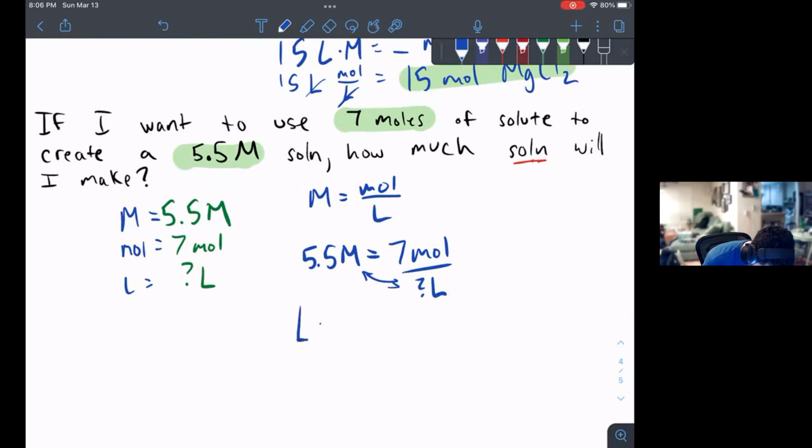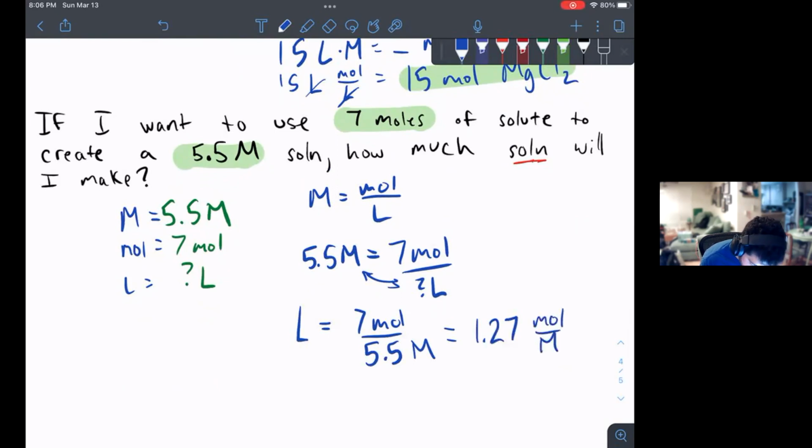And so our liters is equal to 7 moles over 5.5 molar. And so we can just calculate this out as 7 divided by 5.5. And turns out we get the answer of 1.27, repeating mole over molarity, which that actually just cancels out to liters. So we will make a 1.27 liter solution.